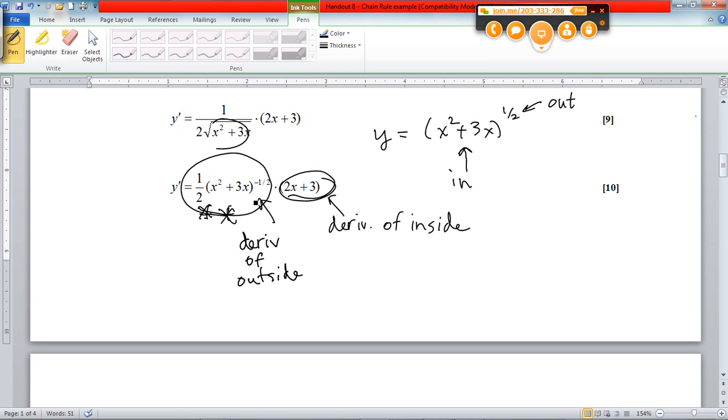Now, please note, on the derivative of the outside part, what happened to the inside part? The inside part is x squared plus 3x, and then the inside part on this first is x squared plus 3x. What happened to the inside part? Not a thing, okay? The inside part stayed the same.